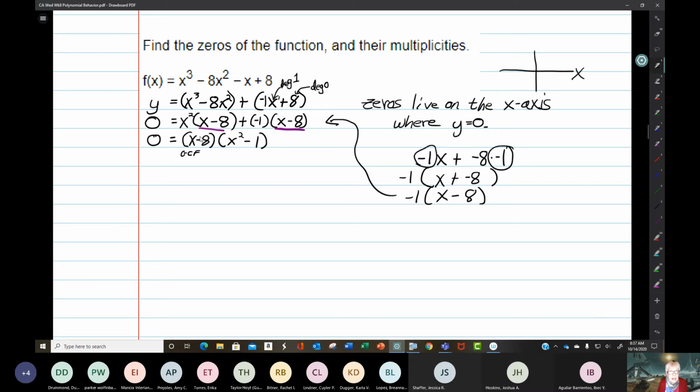They're the leftovers after x minus 8 gets pulled out. Now don't think you're done, because x squared minus 1 will factor by the difference of squares. So 0 equals x minus 8 times x plus 1 times x minus 1.